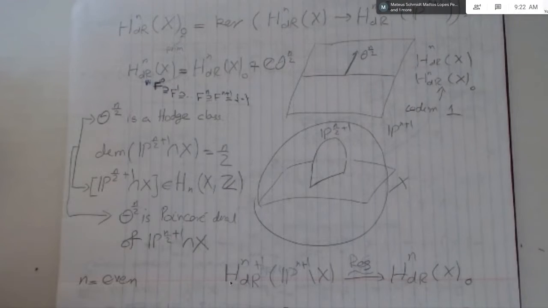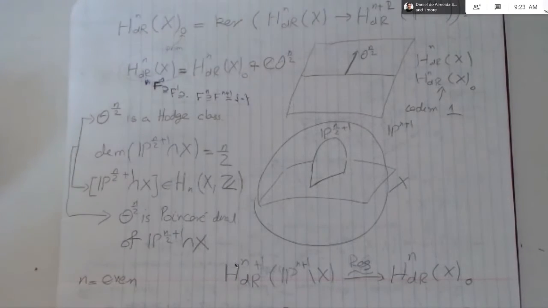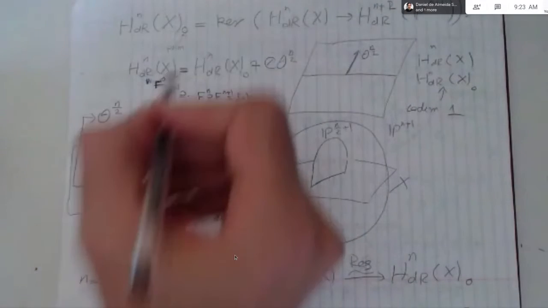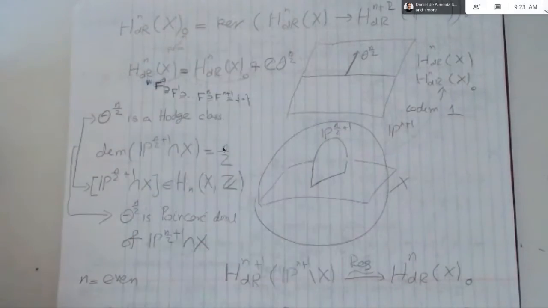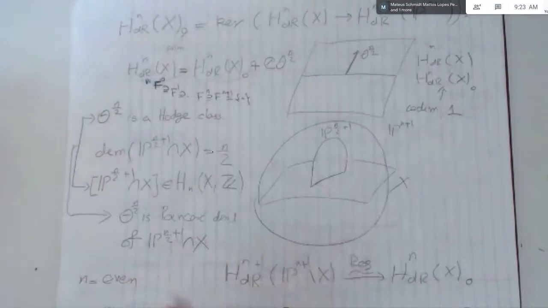You can define the Hodge filtration of the primitive part by just intersecting.